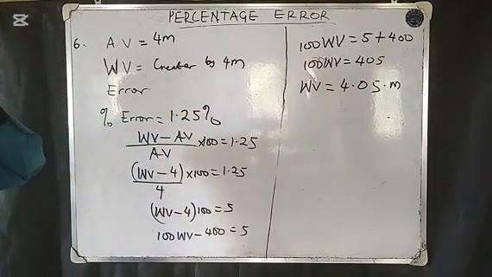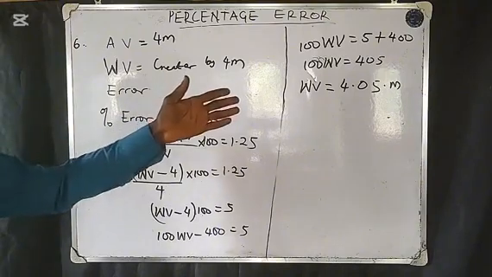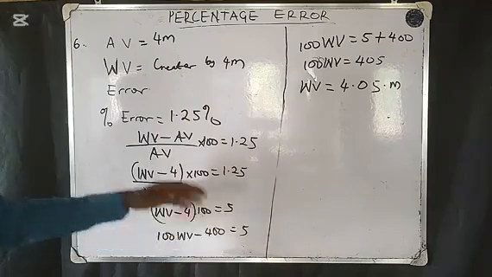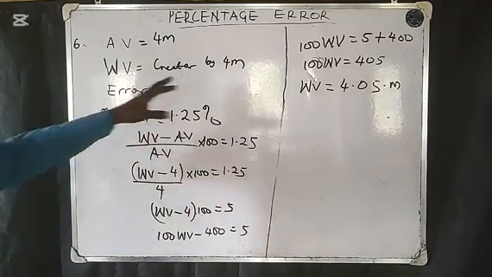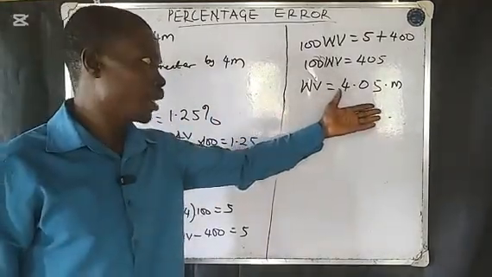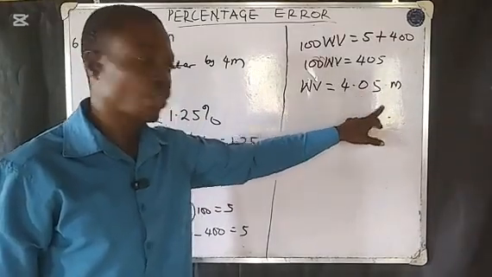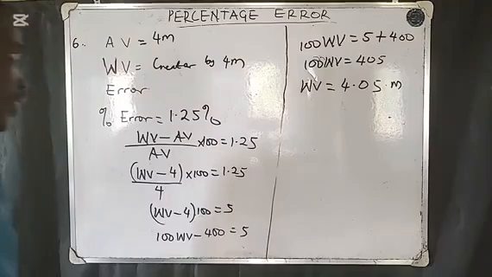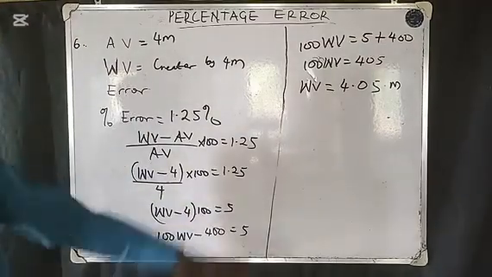What is the question saying? Calculate the length of the string measured by the boy. So this is the value the boy measured, 4.05. The question looks confusing, but this is the answer.